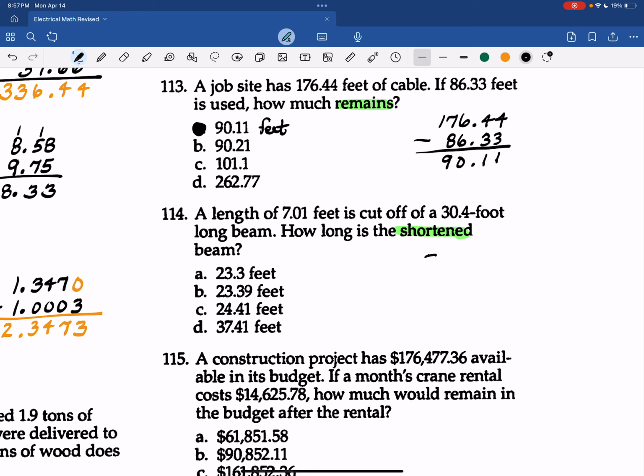So you take the starting beam and you cut off that amount. You cannot just drop the 1. You have to borrow to get it out of there. So 9, 3, and 30 minus 7 is 23. 23.39 feet.